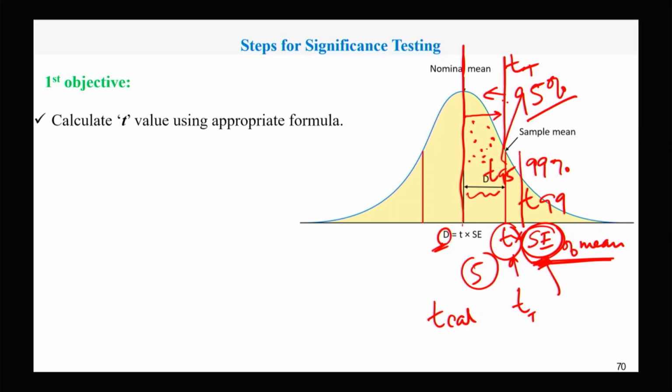For 95%, and if you want to have 99% confidence, you are comparing with the calculated T value. In that case, T calculated will be less than the table value. If that is so, then whatever difference is there, it is not significant.